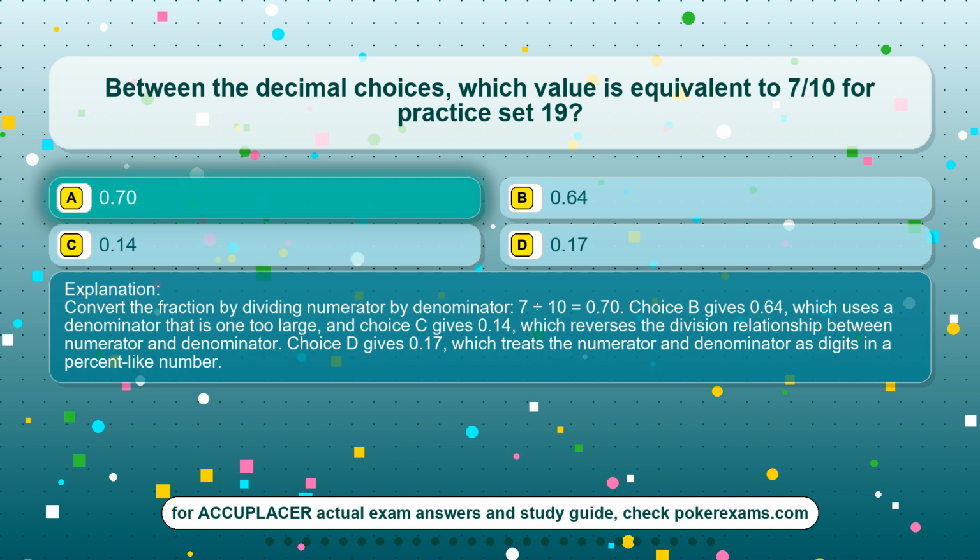Convert the fraction by dividing numerator by denominator. 7 divided by 10 equals 0.70. Choice B gives 0.64, which uses a denominator that is 1 too large, and choice C gives 0.14, which reverses the division relationship between numerator and denominator. Choice D gives 0.17, which treats the numerator and denominator as digits in a percent-like number.